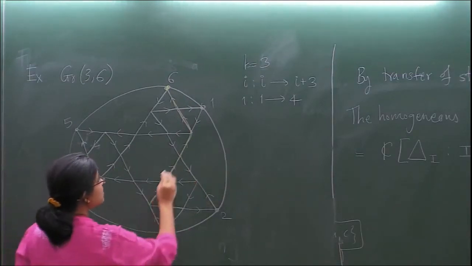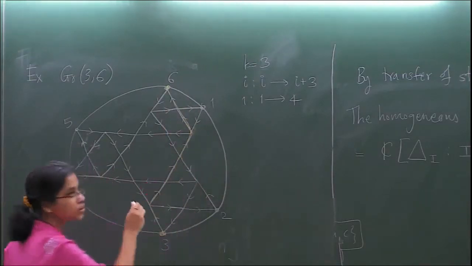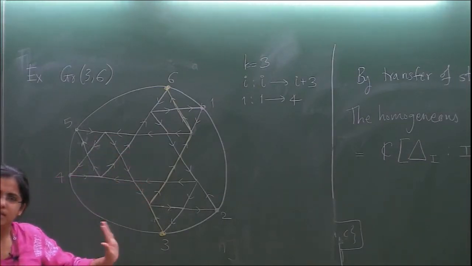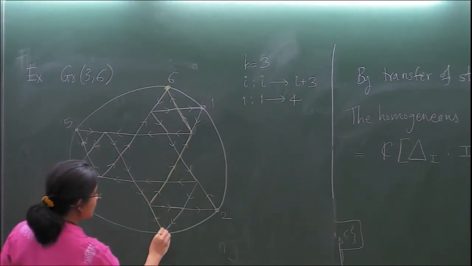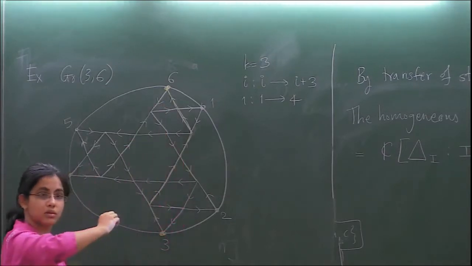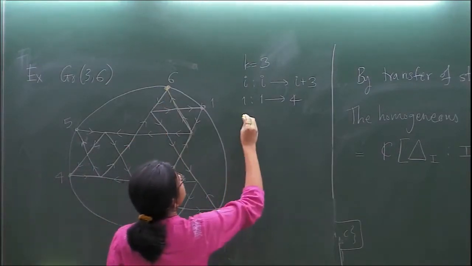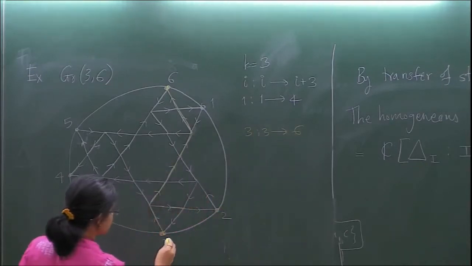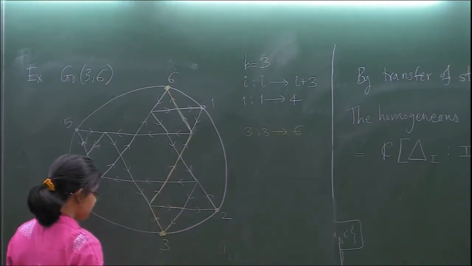So I'm saying this is the strand. I just drew it the way I drew it to make life easy for us, so that everyone can follow how I'm drawing it. That's all. But the real strand goes like this. So 3 goes from 3 to 6. This is strand number 3, the yellow one.